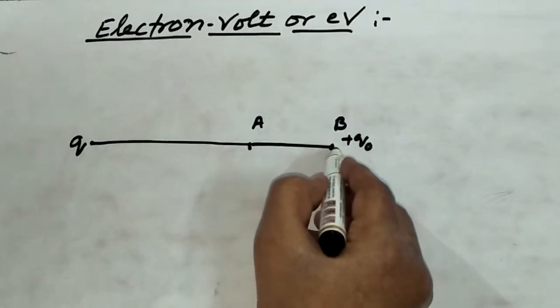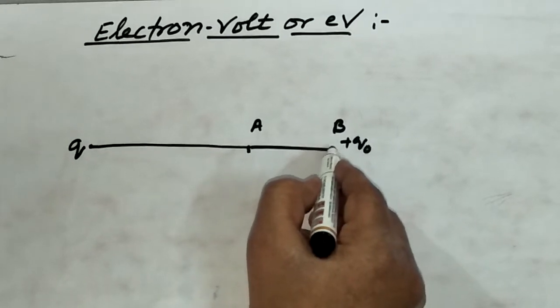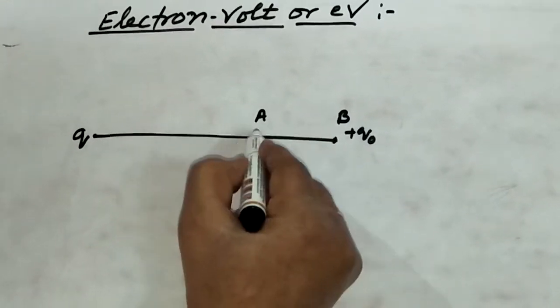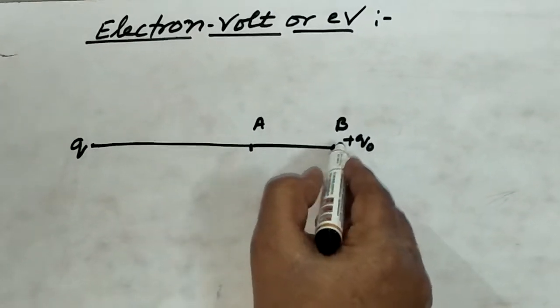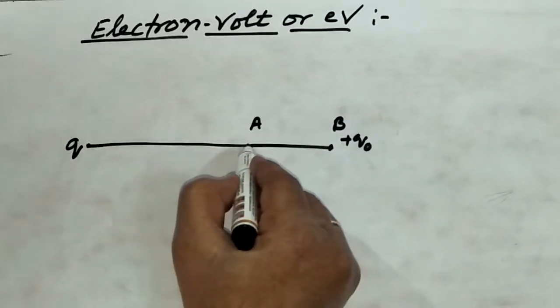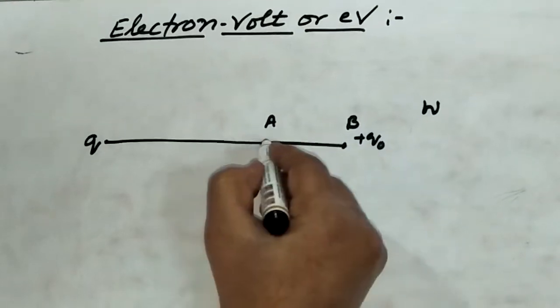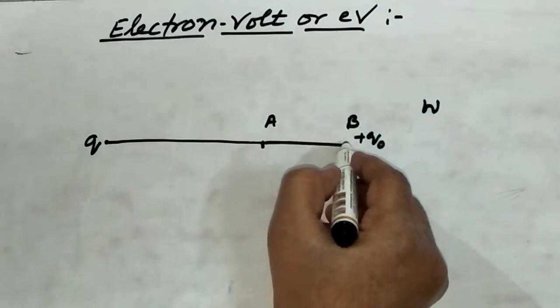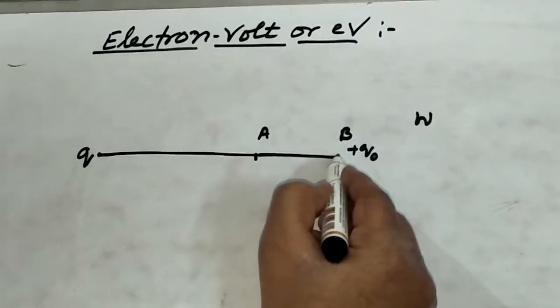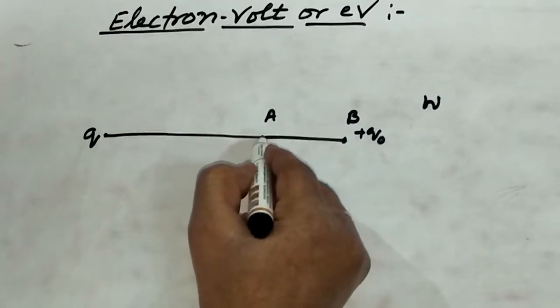and we calculate the work done in taking the charge from B to A. Suppose the work done in taking the charge from B to A is W. Here I am taking the charge from B to A. B is the initial point, A is the final point.